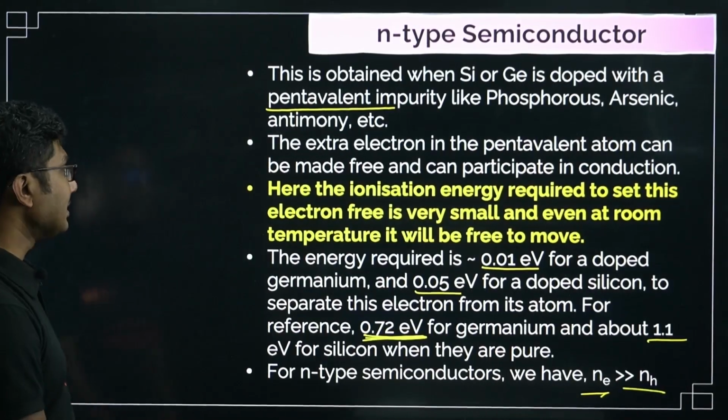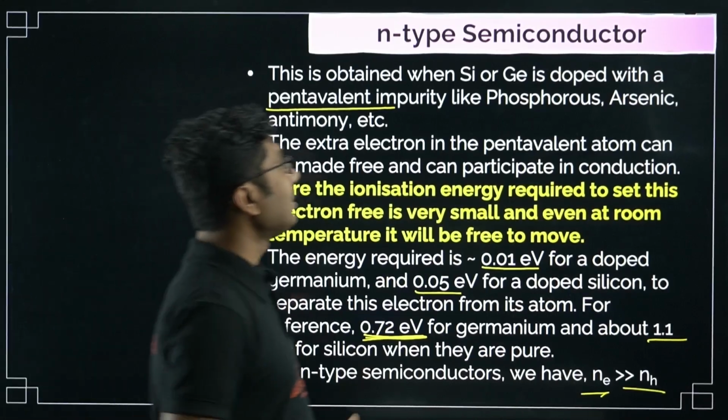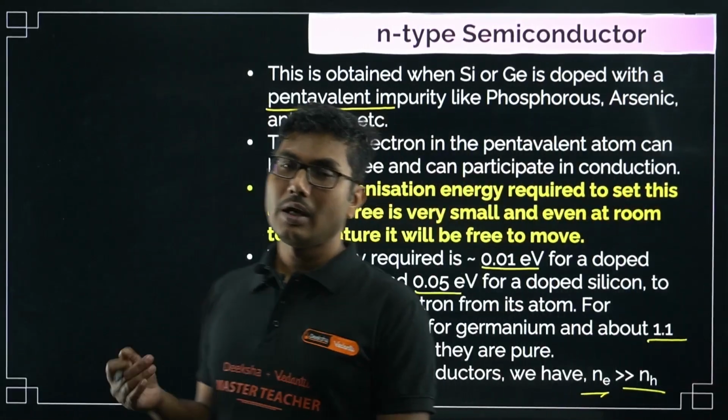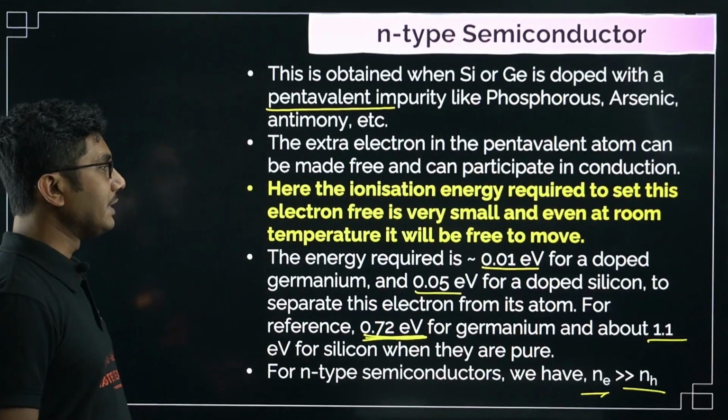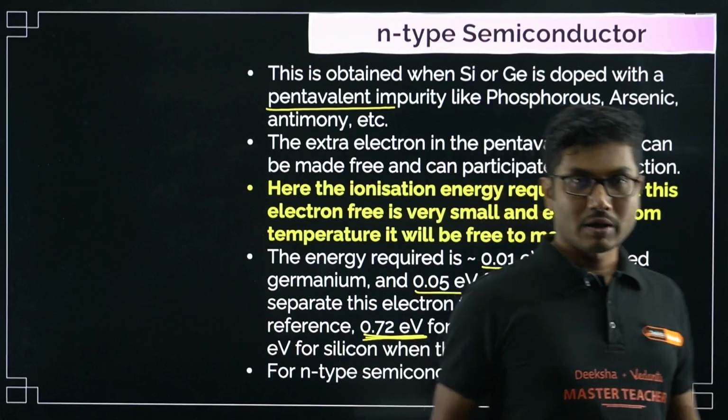But in case of n-type semiconductor, the number of electrons is more than the number of holes. Now there is a question: what is the sign of an n-type semiconductor? If you touch it, will you get electrocuted or not? Is it negatively charged, positively charged, neutral, none of the above?